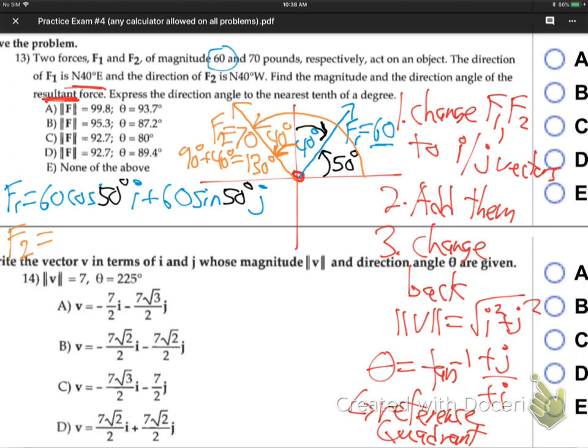Because force 1 and force 2 are off of the north. So it's 40 off north to the right and 40 off north to the left. That means to get from 0, you got to go 90 and 40 more, don't you? So that'll be 130. So that'll be 70 cosine 130 i plus 70 sine 130 j.